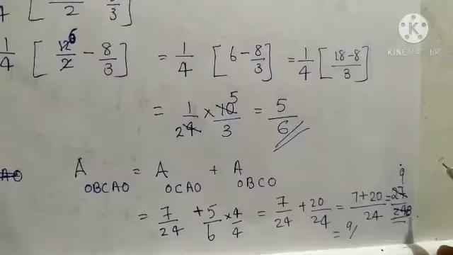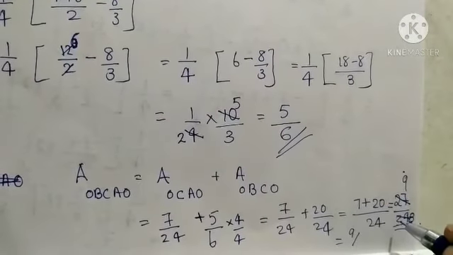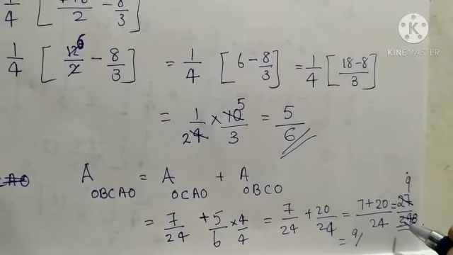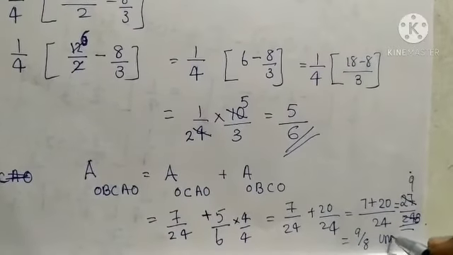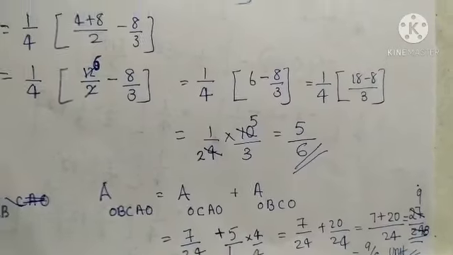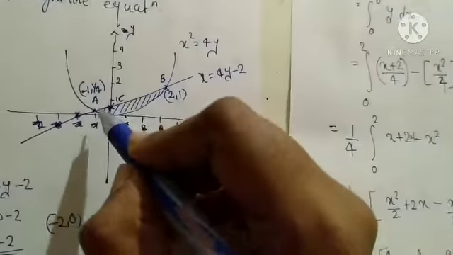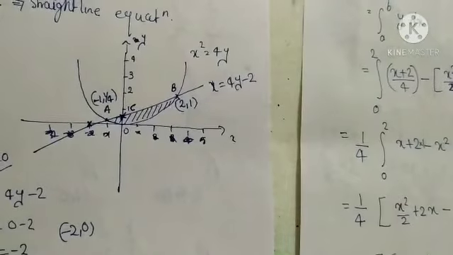Okay. Cancel this 27 by 24 using multiplication of 3. Here we get 9 by 8 unit is the area of whole shaded region. Okay, I hope you understood this question.